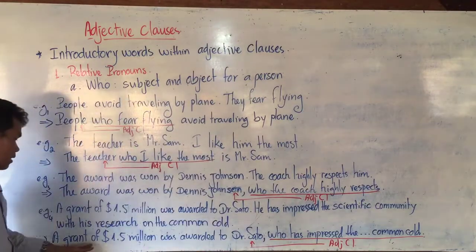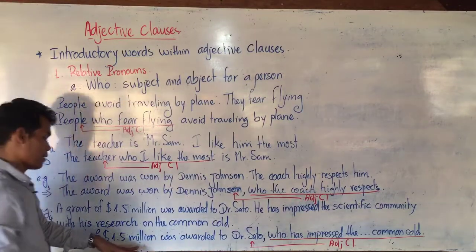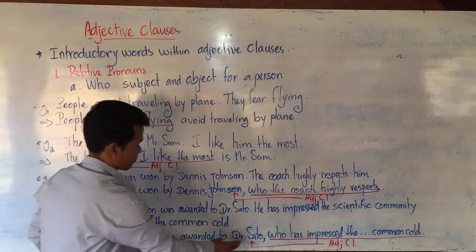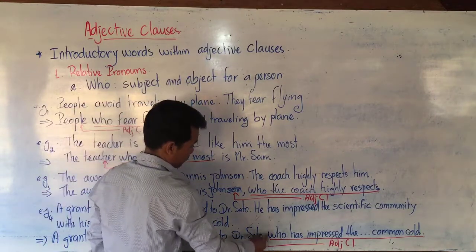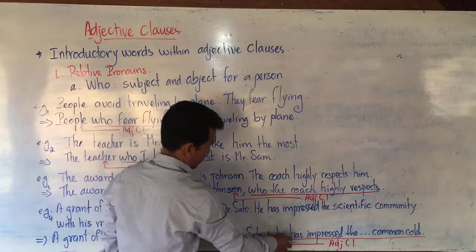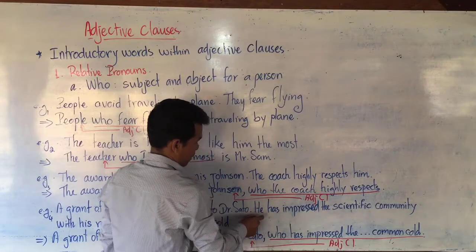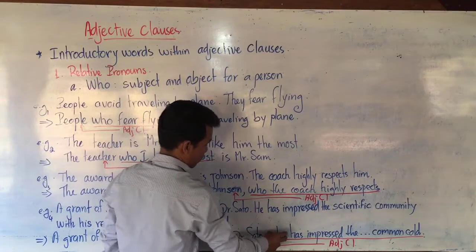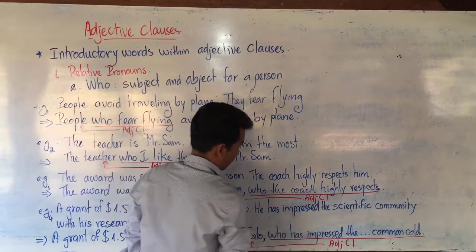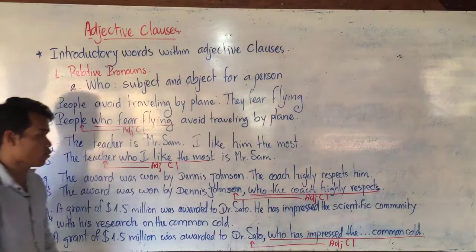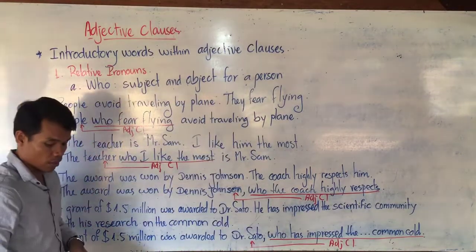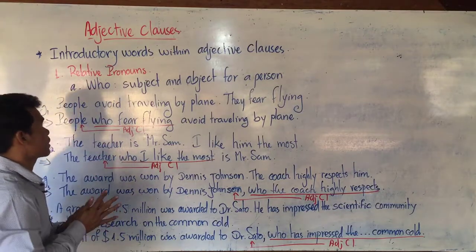And the last one: A grant of $1.5 million was awarded to Dr. Sato. Dr. Sato is a proper noun, so we use a comma. "Who" is the subject because "who" replaces "he" in the simple sentence. So "who" is the subject: who has embraced the scientific community with his research on the common cold. In an adjective clause, we use "who" as a relative pronoun here.